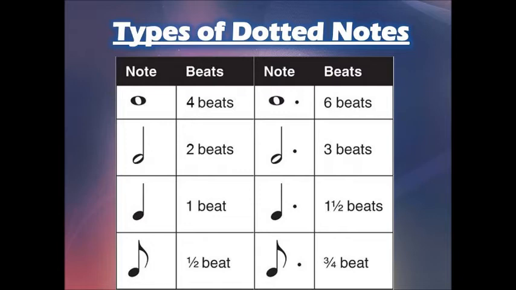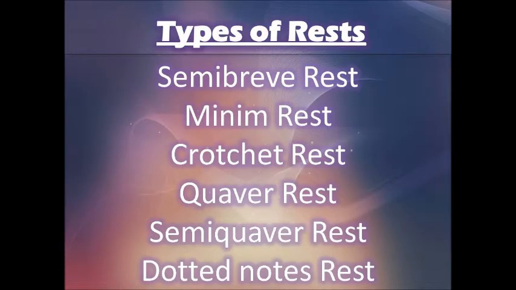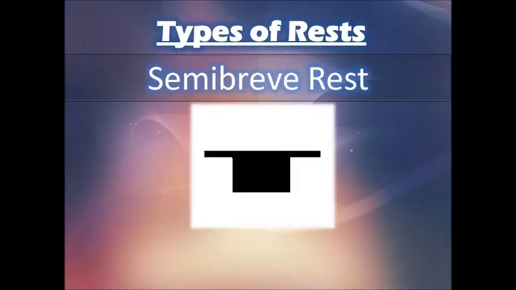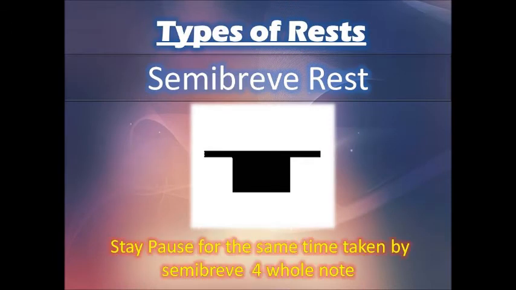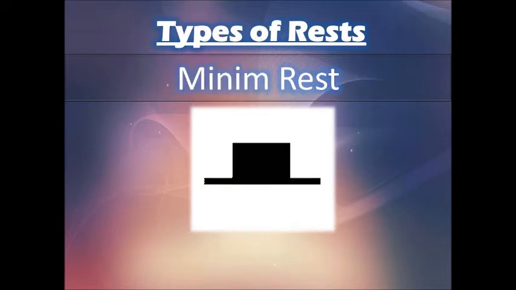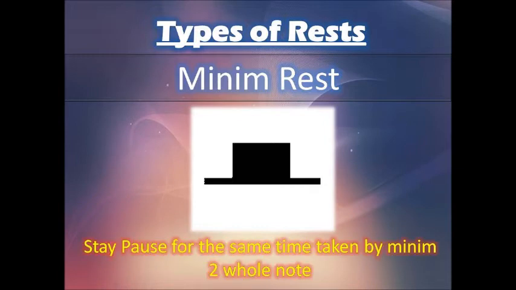Now let's look at their respective rests. Semibreve or whole rest pauses for the time taken by the semibreve, or 4 beats. Minim or half rest pauses for the time taken by the minim, or 2 beats.